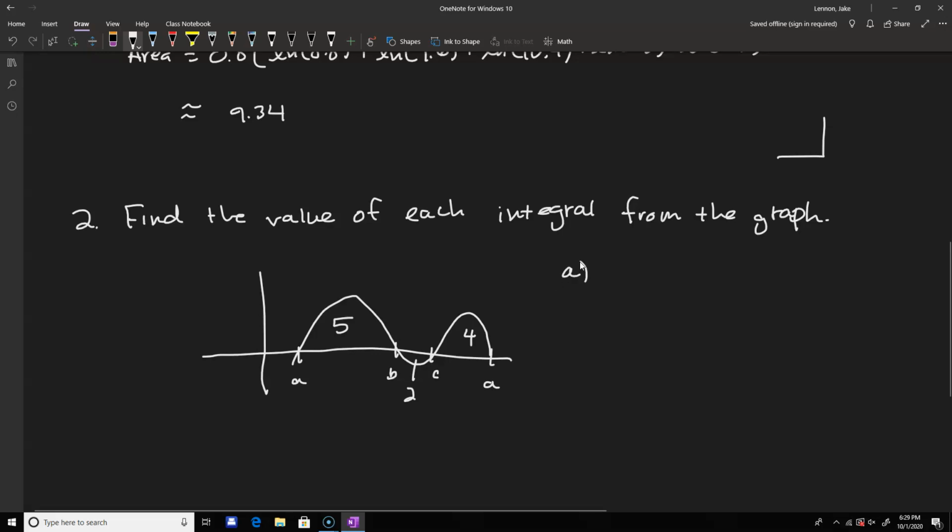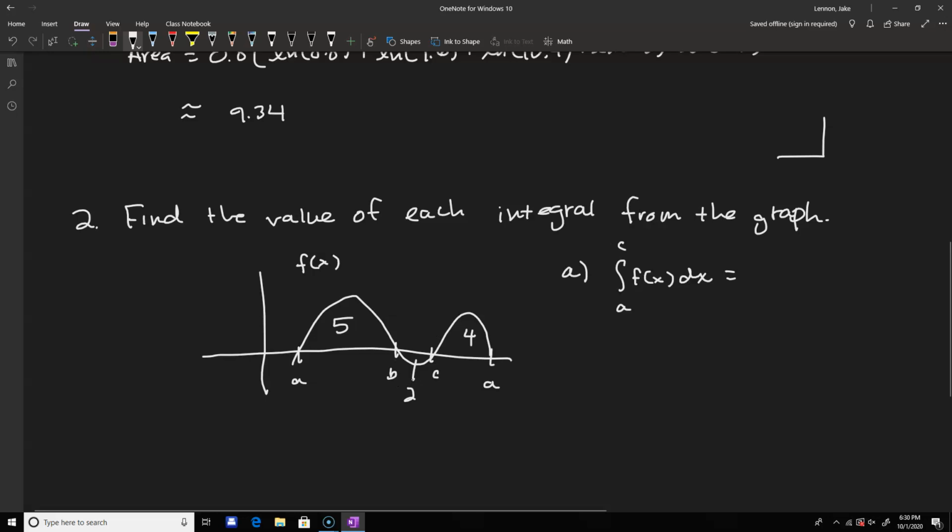So let's say A, we want to find the integral from A to C, and we'll call this f of x, this function, of f of x dx. Well, we're just checking that as you go from left to right, the numbers above the x-axis are positive, and below they're going to be negative.